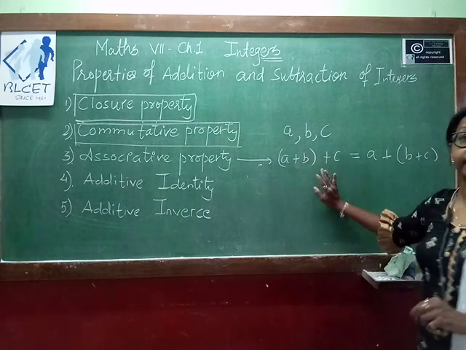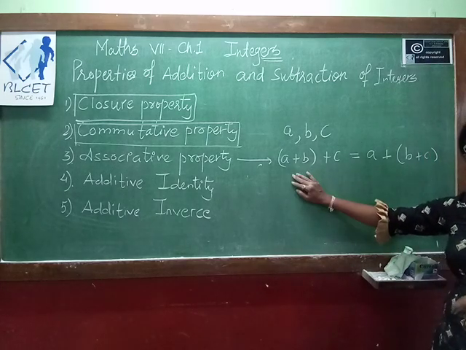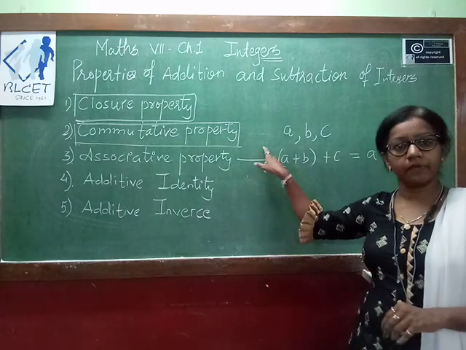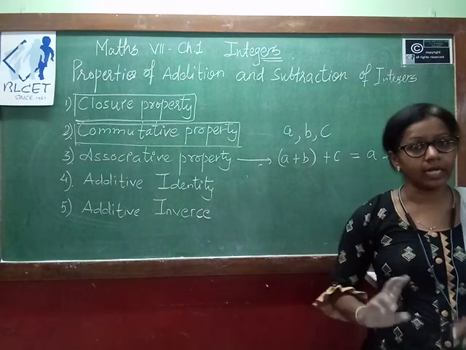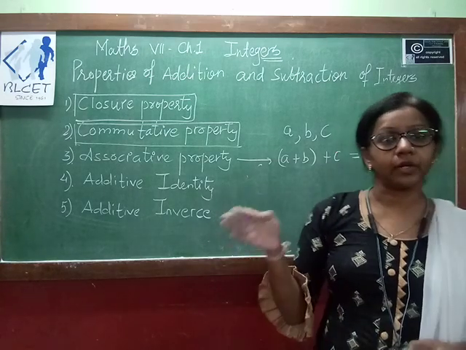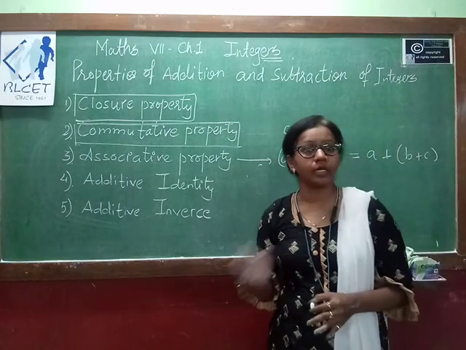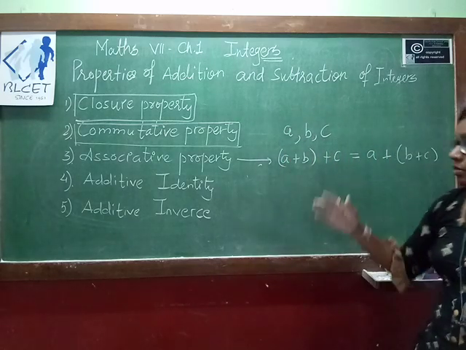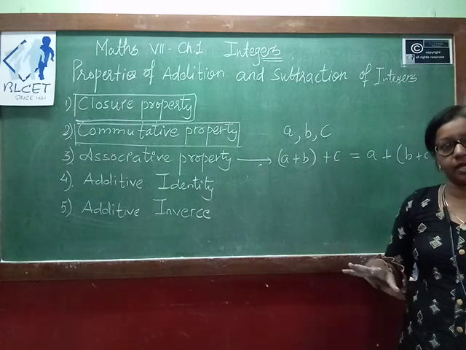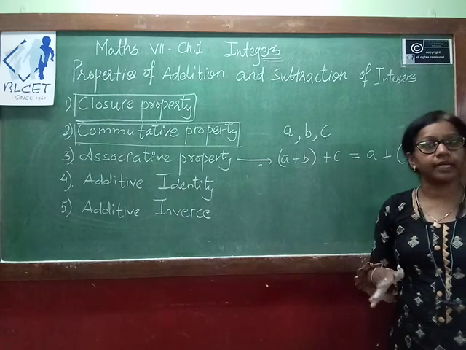Now we see whether it holds for subtraction or not. In the commutative property we learned that when you change the order of integers and do the subtraction operation, you are not getting the same answer. In the same way, if you change the grouping for subtraction, again you are not getting the same answer.